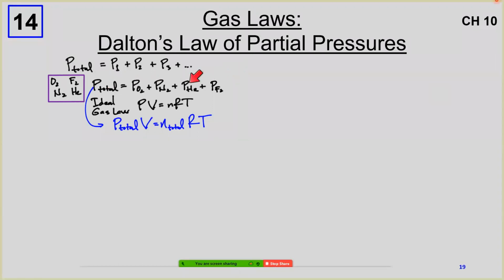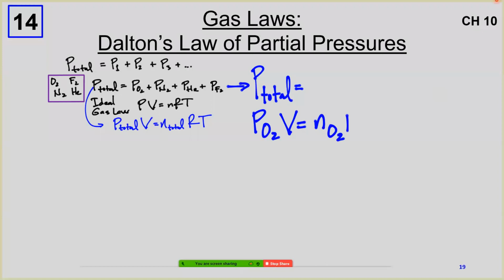This is Dalton's law equation. So P total, in terms of this example shown here, would be equal to, well, let's see. So the pressure of oxygen gas times volume equals the number of moles of oxygen gas times RT. Okay, using the ideal gas law.